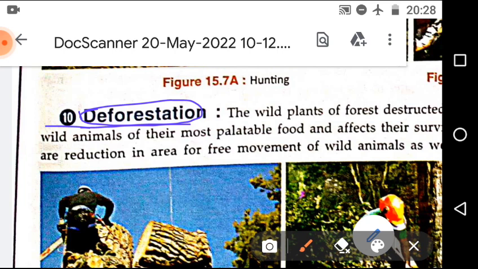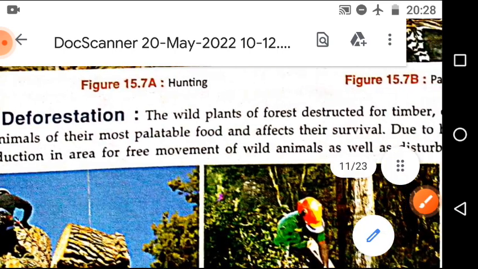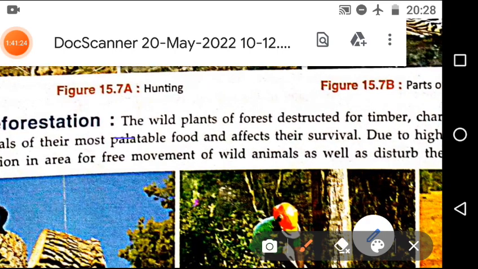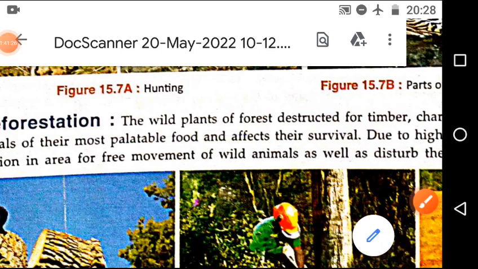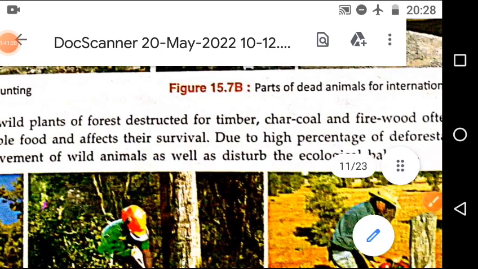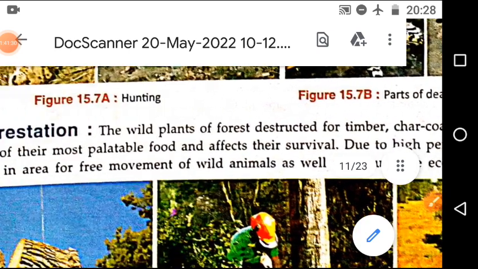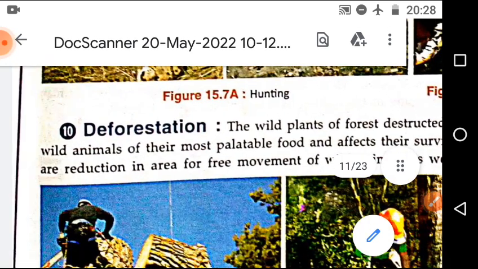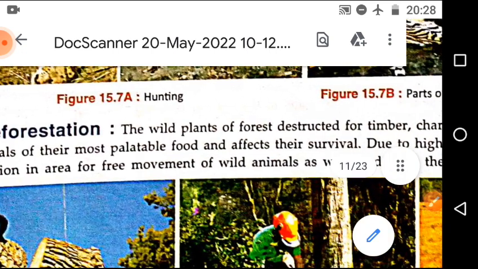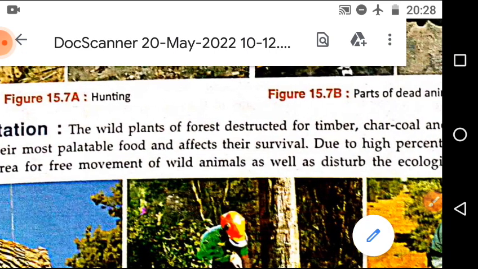Wild plants of forest are destroyed for timber, charcoal, firewood, often depriving wild animals of their most palatable food and affecting their survival. So normally we are cutting down the wild plants in the forest for getting their wood, that is for getting timber.